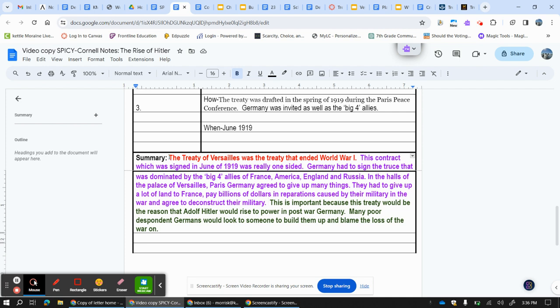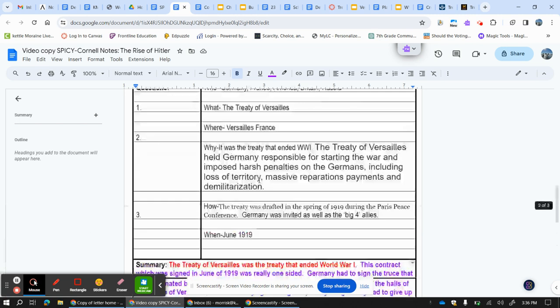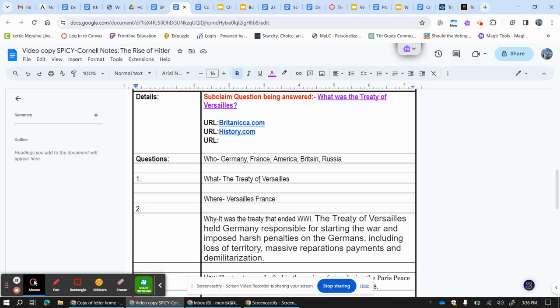So once again, this answers the question outright. This is the information from my notes that I've wordsmithed. And this is actually my opinion on what I wrote up above. This is your summary, and this is what you're going to be turning in. This is what I expect to see right here.